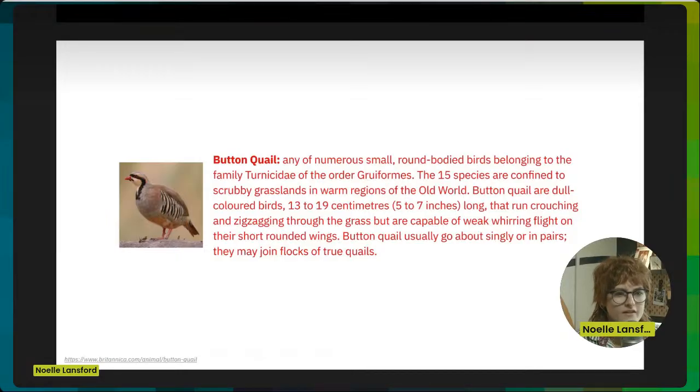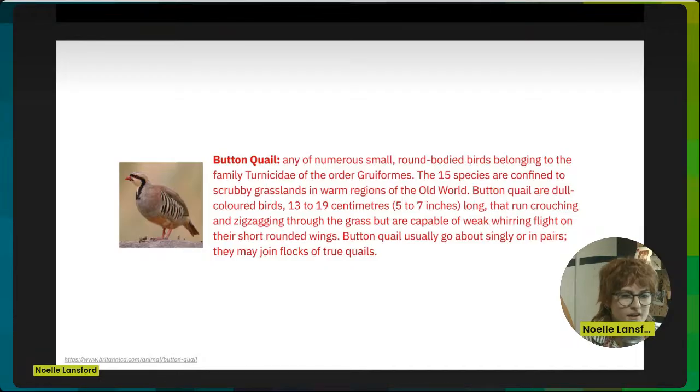But we have this information. We have this scientific information of their categorization, what family they're a part of, what order, species, their typical 13 to 19 centimeters long, those kinds of things. We can classify this based on previous knowledge and previous documentation that this specific thing is a bird.